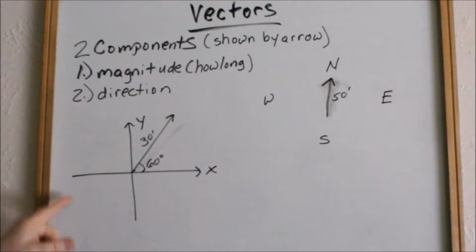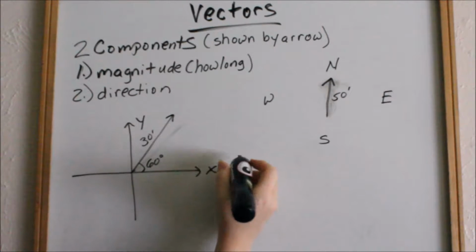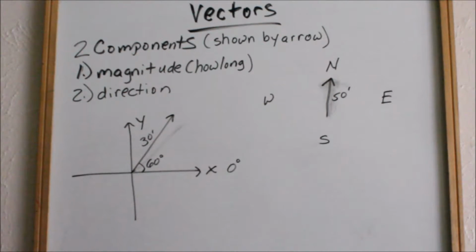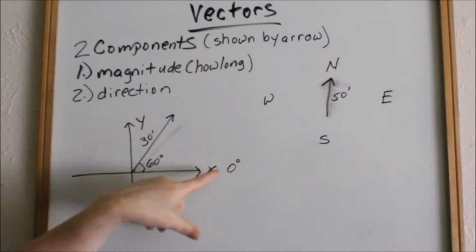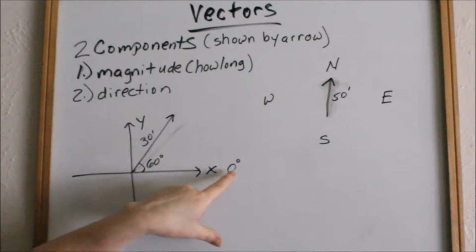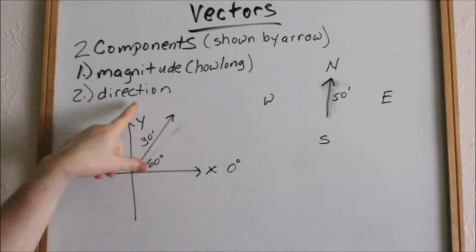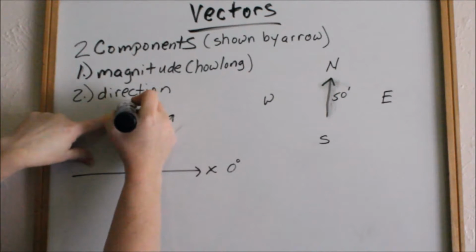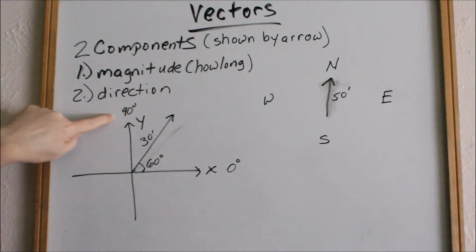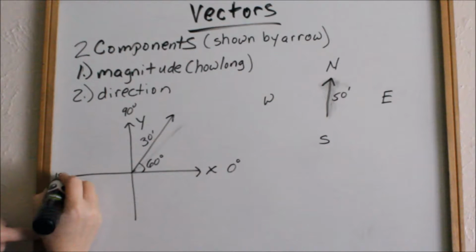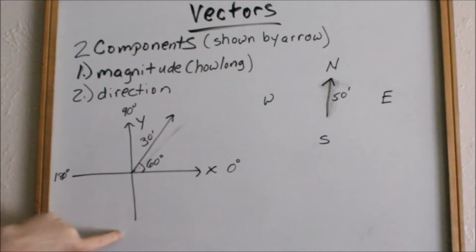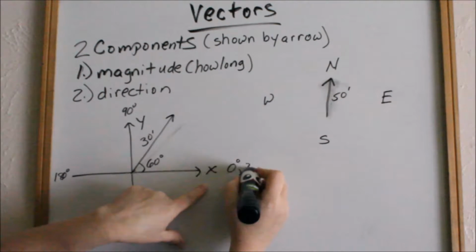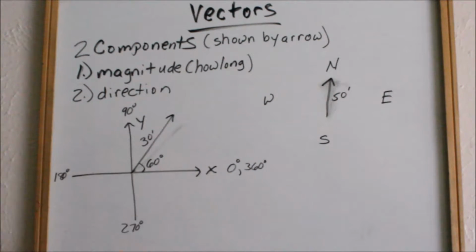When you're dealing with an x and y axis, then at x, that's 0 degrees. There are 360 degrees in a circle, so if on the x-axis this is 0 degrees, then to go from here up to here, we went 90. Each quadrant is 90 degrees. So this would be 90, and then to go another 90 degrees, here I'm at 180, and then another 90, 270, and then another 90 is back around the circle at 360 degrees, which is also 0.